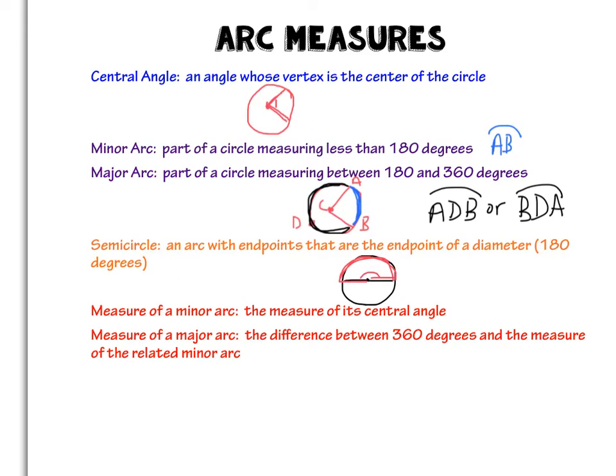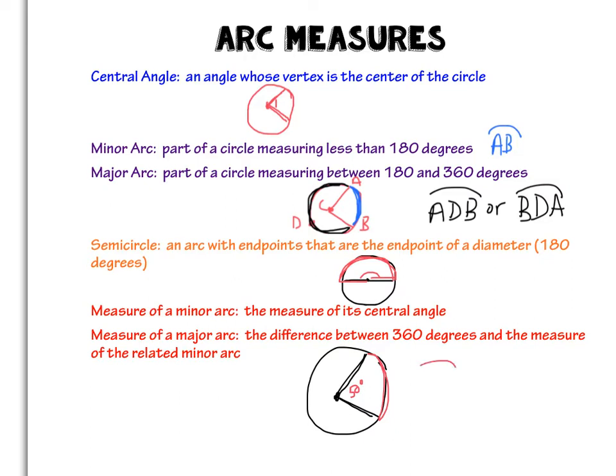Now the measure of a minor arc. We have a circle here, and this is your minor arc in red, and we would label it something like 50 degrees. So the measure of the minor arc is the measure of its central angle.